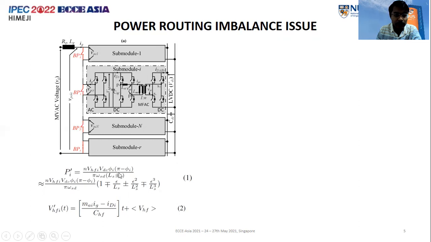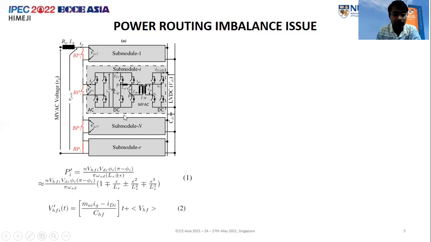So there will be some errors and there will be some differences introduced in one submodule with respect to the other. So if such an error, let's say, as shown here, occurs, then it causes a difference in the power transfer through a submodule, as can be seen here. So a Taylor series expansion is shown here, which shows that whenever there is an error, there will be a difference in the power transfer.